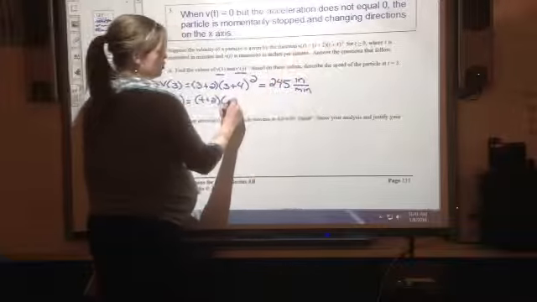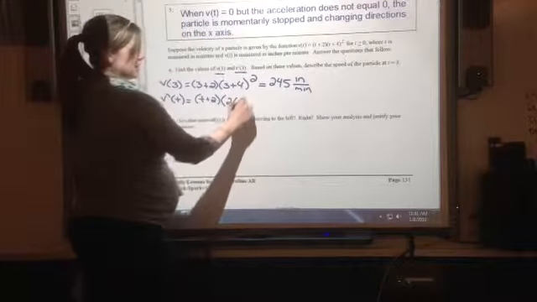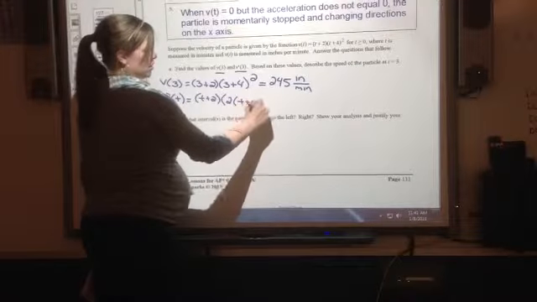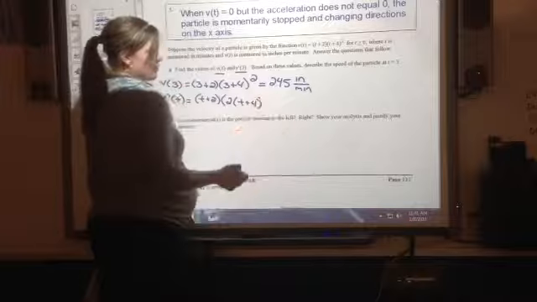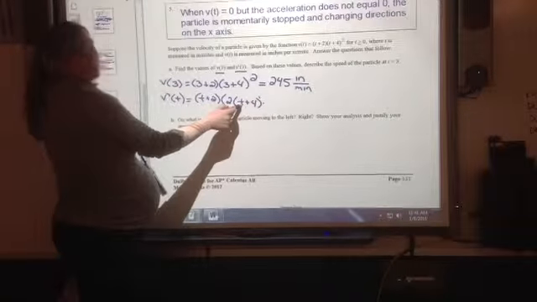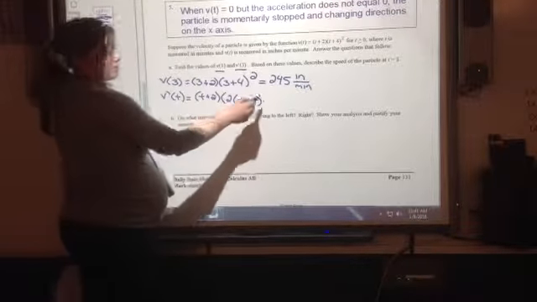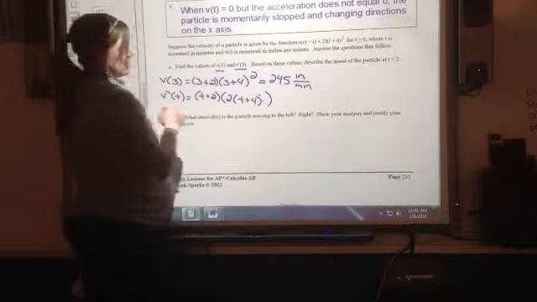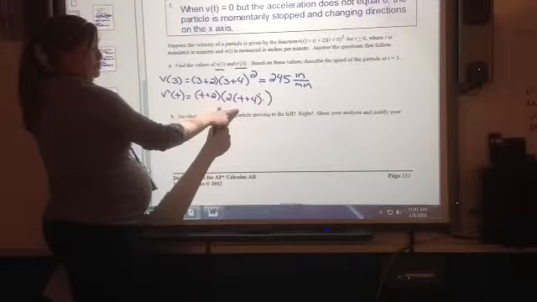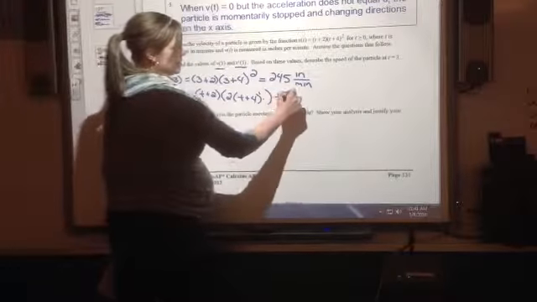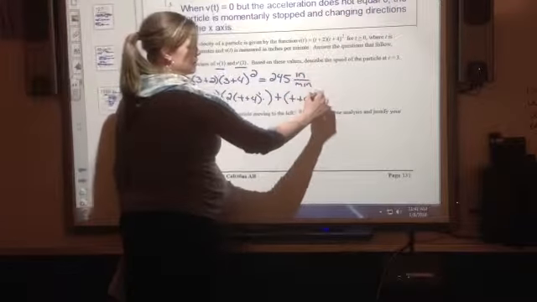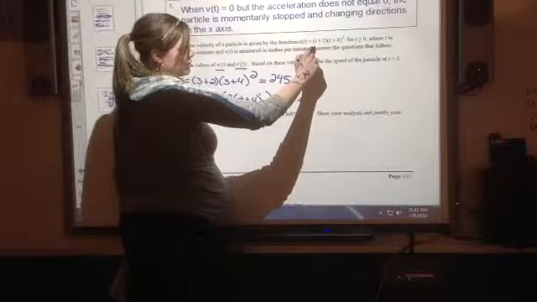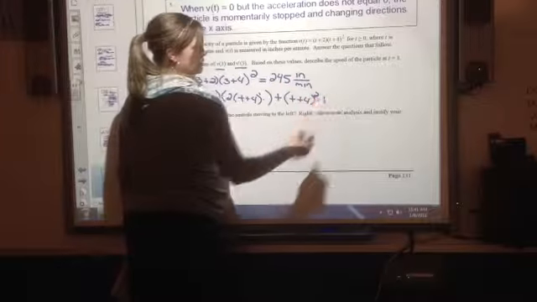So I'm going to take 2, leave the inside alone, decrease the exponent by 1, multiply by the derivative of the inside. And this one, the derivative of the inside is just 1. So that's it. First times the derivative of the second, plus the second times the derivative of the first, the derivative of t plus 2, which is 1.